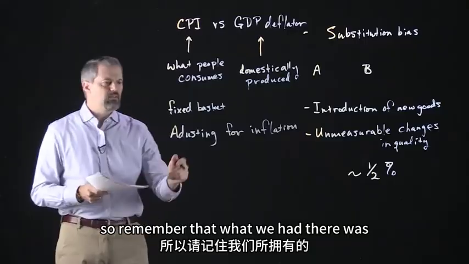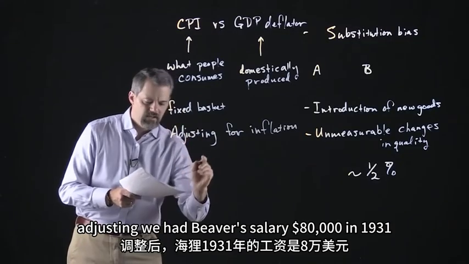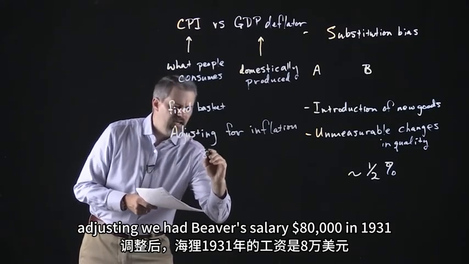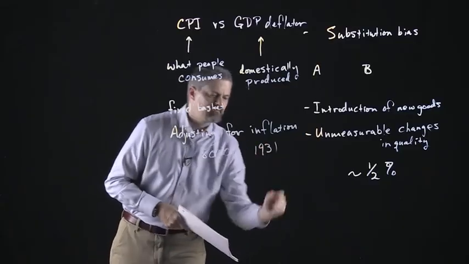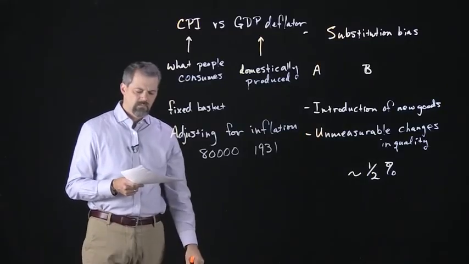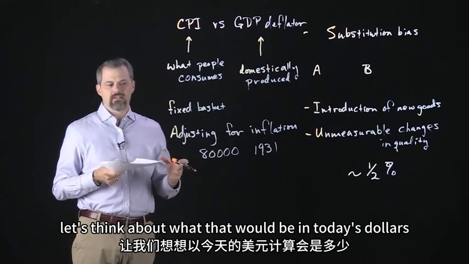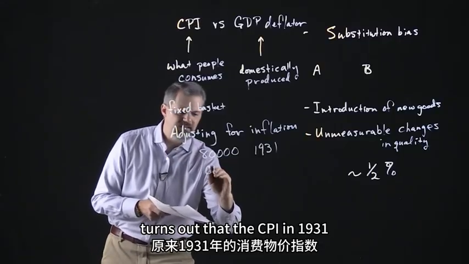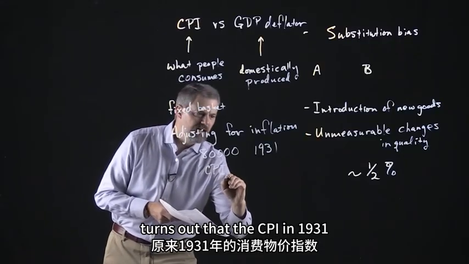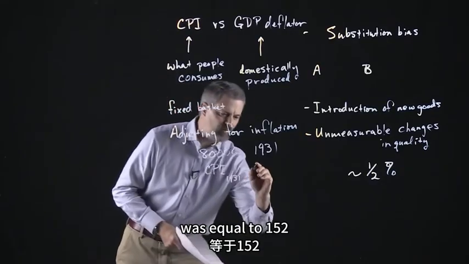So remember what we had there: Babe Ruth's salary, $80,000 in 1931. Let's think about what that would be in today's dollars. So we need the CPI in 1931. Turns out that the CPI in 1931 was equal to 15.2.